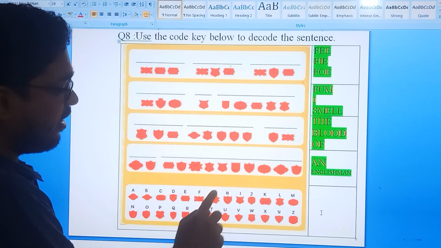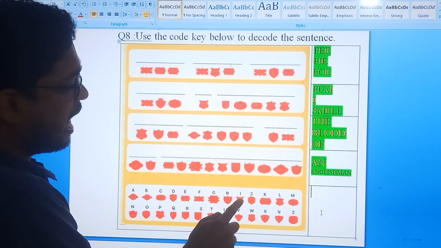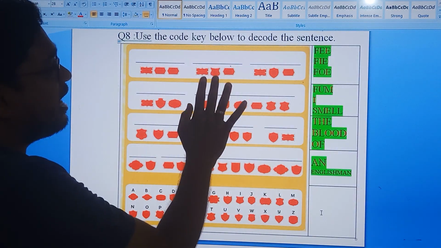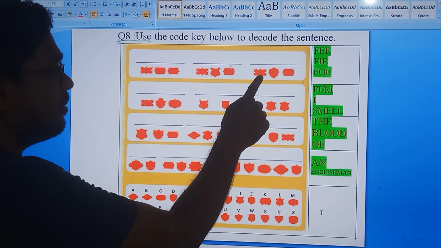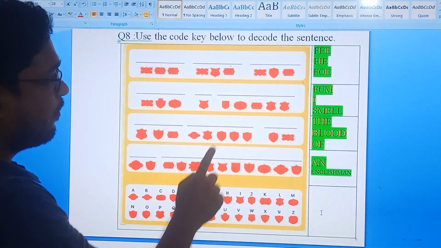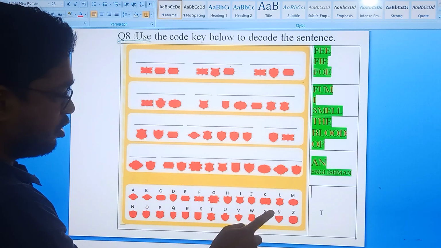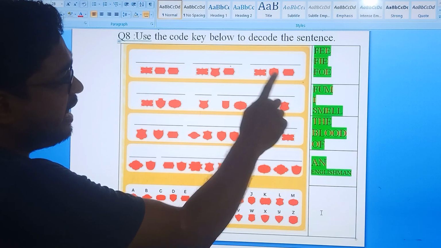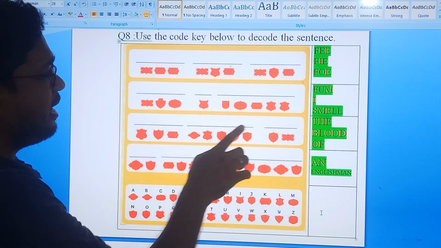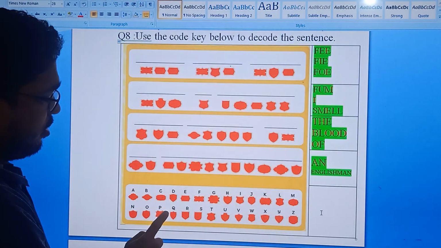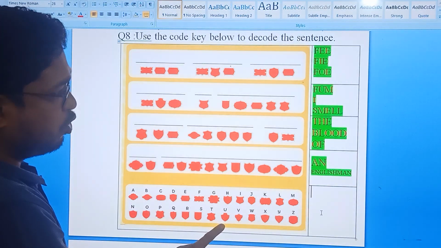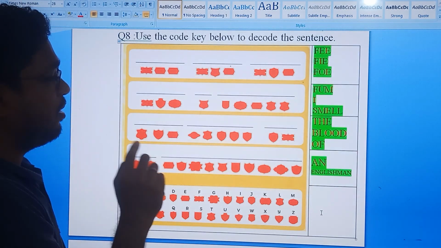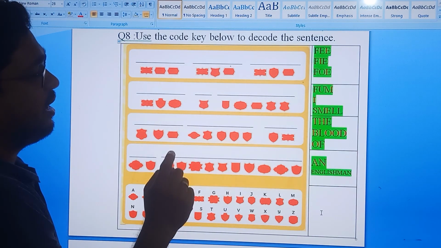It's F, I, E. Next. This is F. What is this? This is O. And next is E. F-O-E. Next. F. It's U and M. F-U-M.